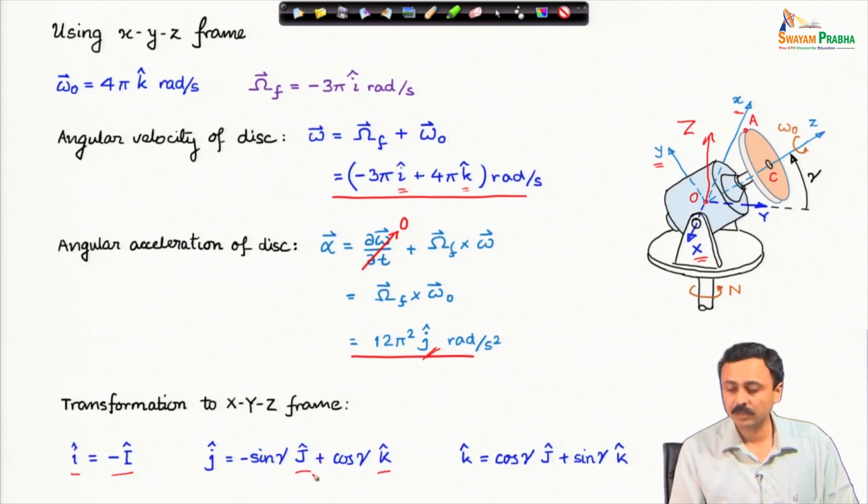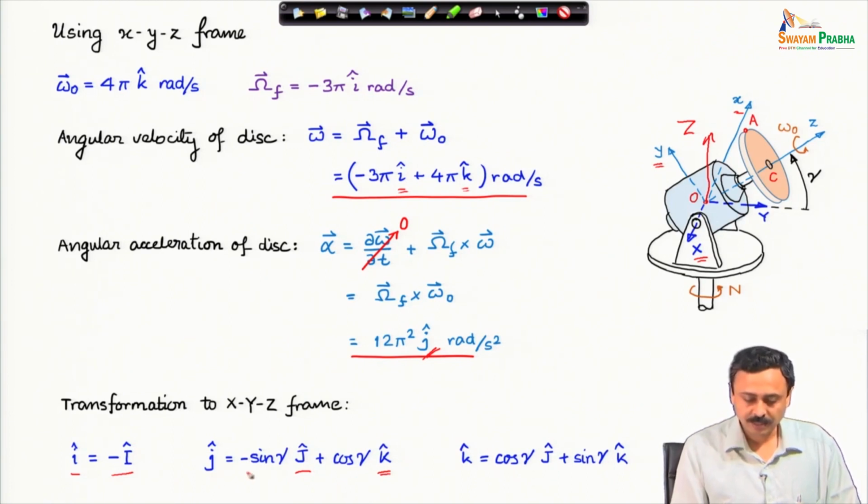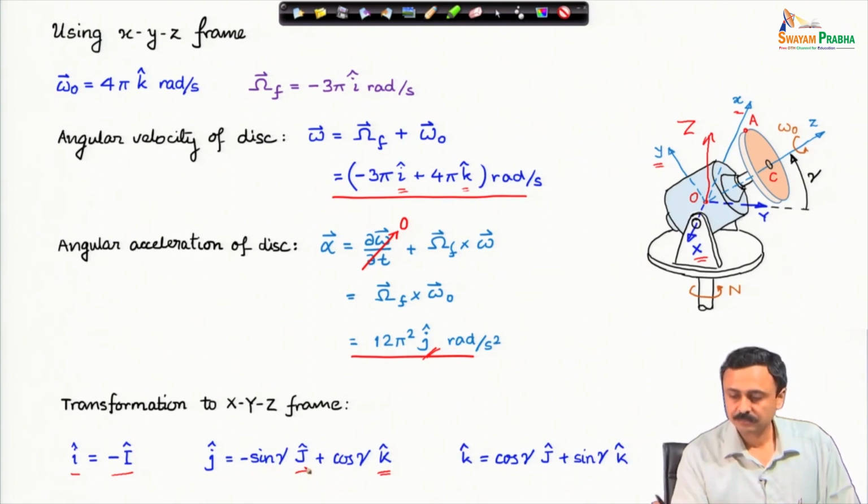Capital J cap is along capital Y and capital K cap is along capital Z. Therefore, that representation becomes minus sine gamma J cap, because it makes an obtuse angle with capital Y, plus cosine gamma capital K cap.